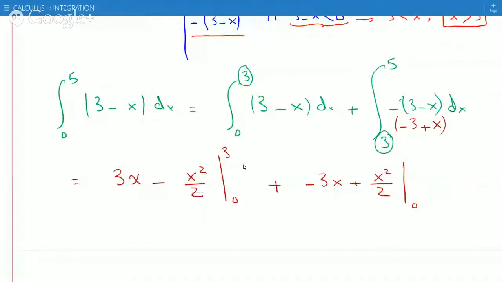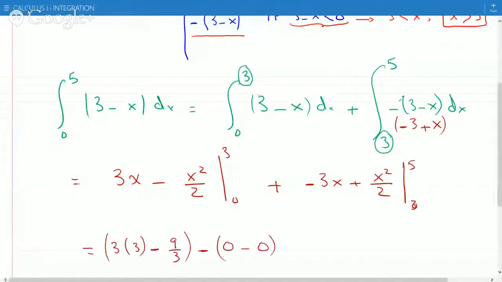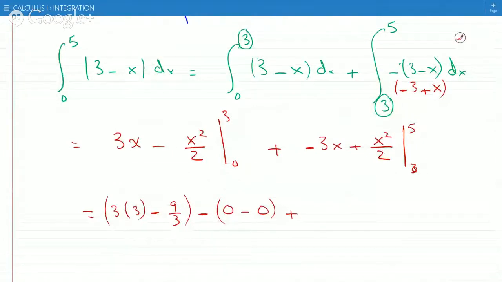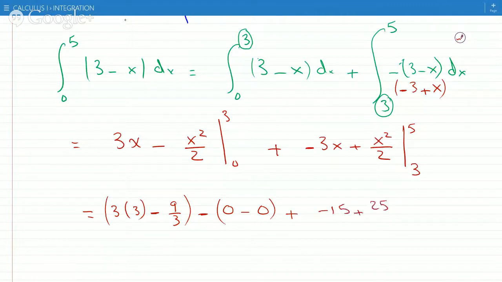Plus now we will do the second part. So we put the upper bound first: that's minus 15 plus 25 over 2, minus.